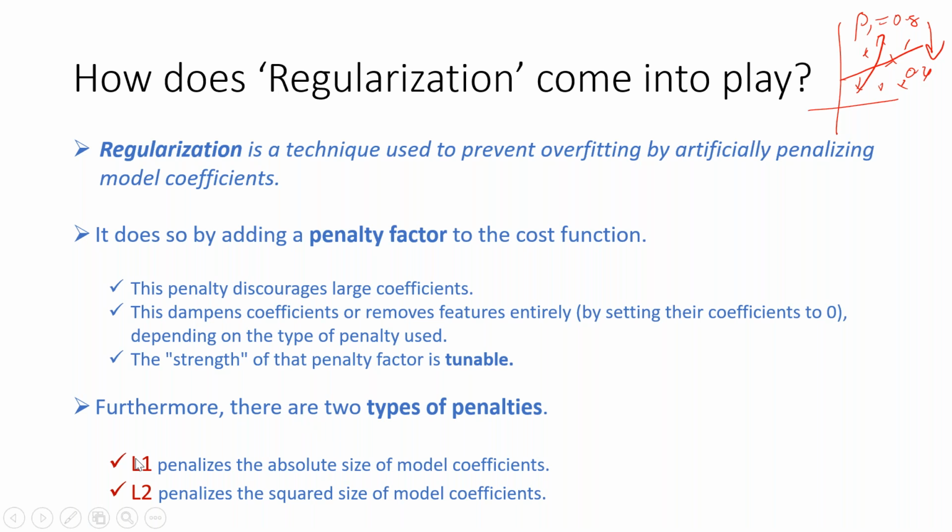Whereas L1 will remove the features from the equation, because the problem we are solving is caused by the number of features. That is why we are doing some tricks in our algorithms so that these features are automatically either removed or shrunk.